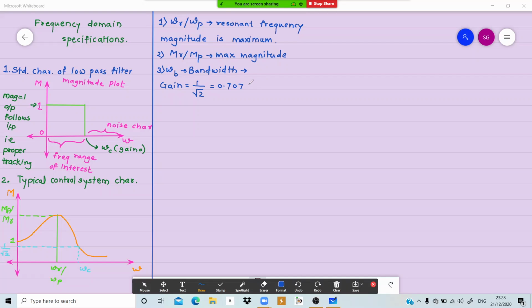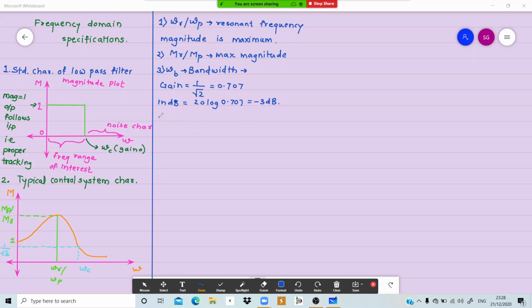If you want to write this in dB, it is equal to 20 log of 0.707, which is equal to minus 3 dB.